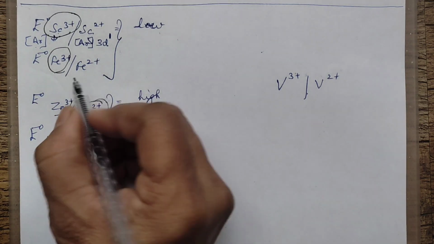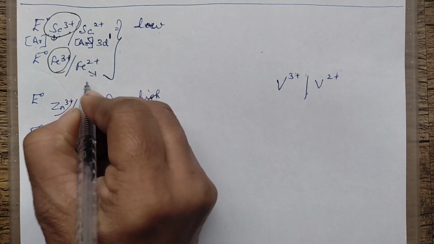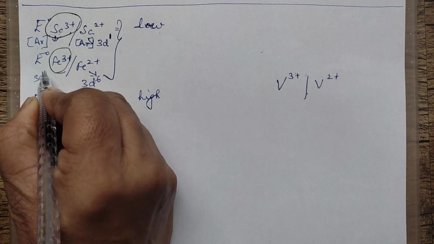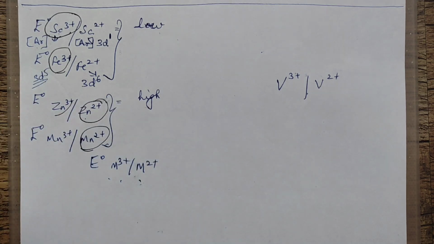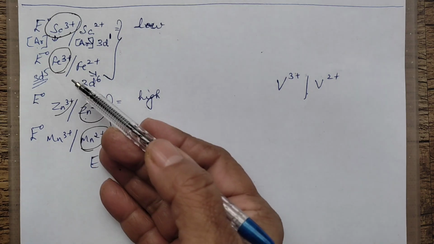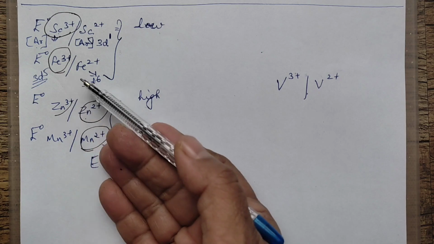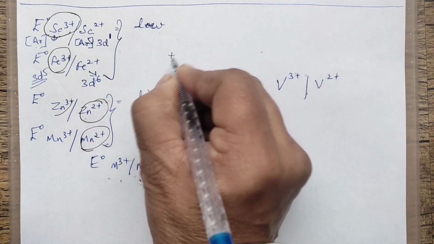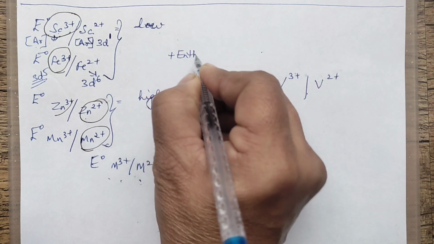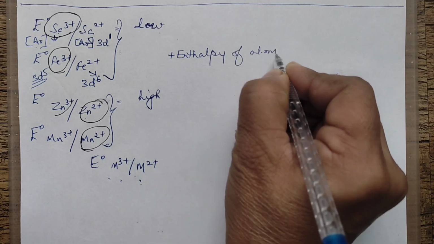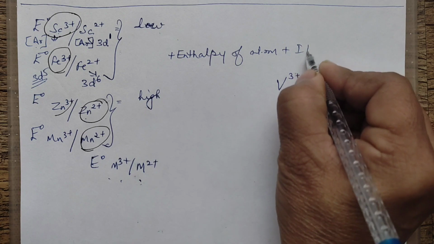Okay. And in iron, the 2+ configuration is 3d6 and this is 3d5. You can always talk in terms of electronic configurations. It will happily lose one more electron, so its ionization energy values will be less. Obviously, there were 2 positive values I said: enthalpy of atomization was positive, and ionization enthalpy was positive.